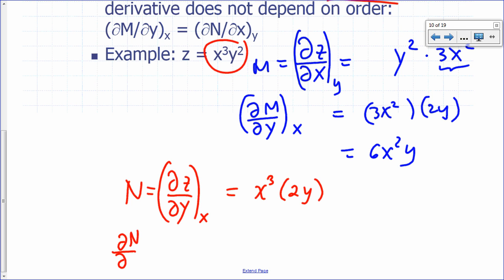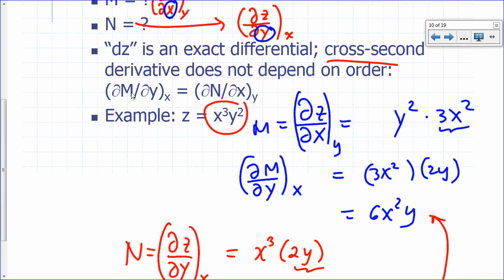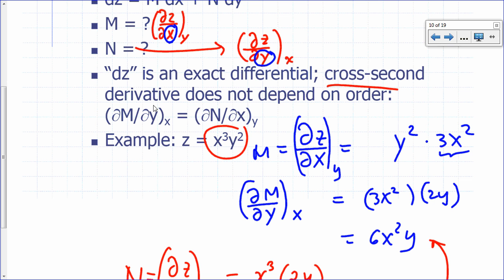Partial of N with respect to x, holding y constant. And what do we get? We hold that y constant now, 2y. What's the derivative of x cubed? 3x squared. So that's 6x squared y. You can see these two are the same.